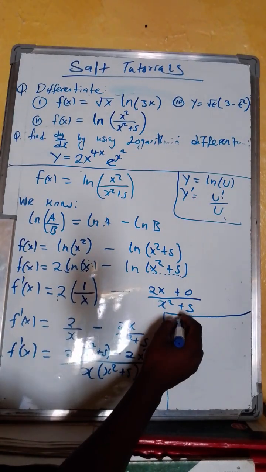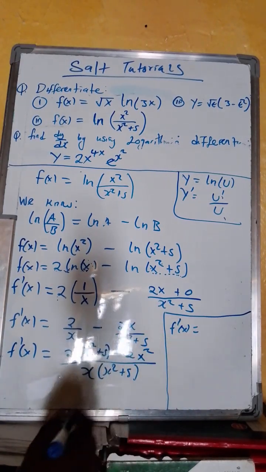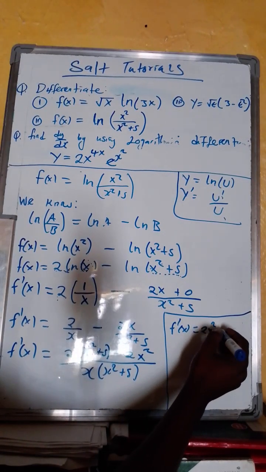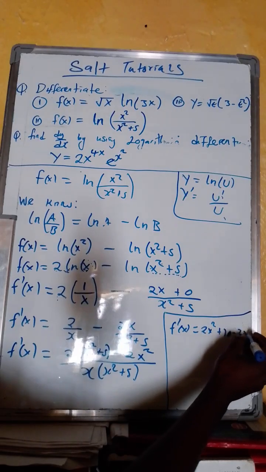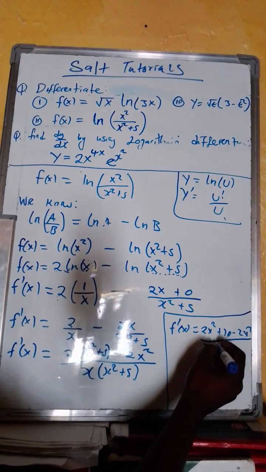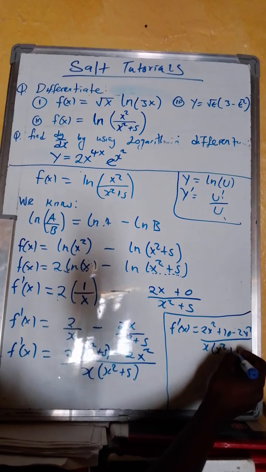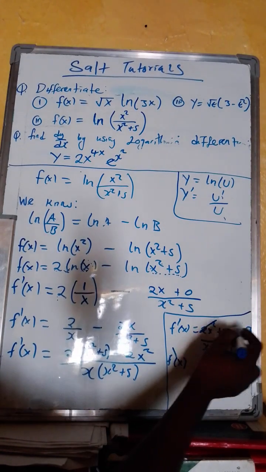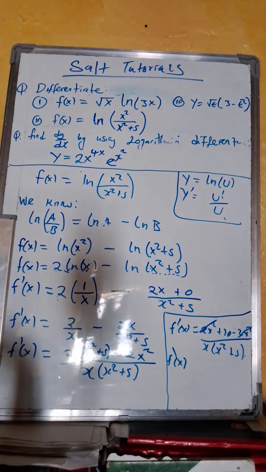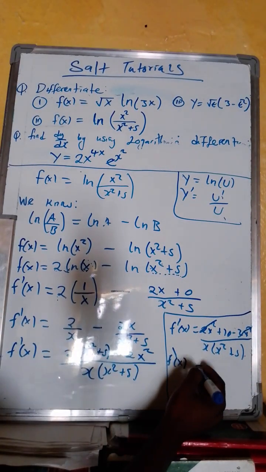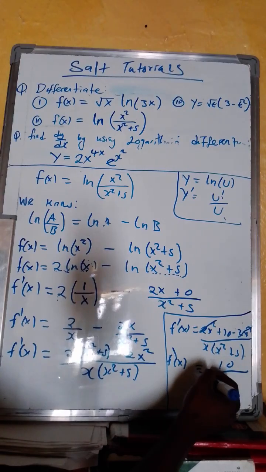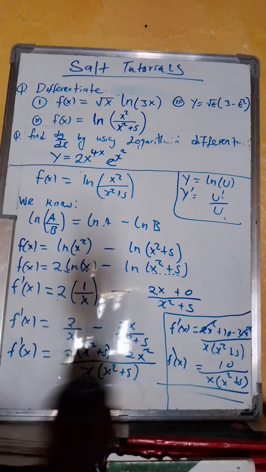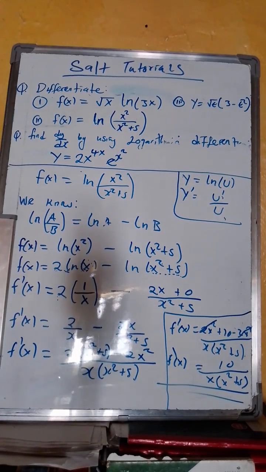I'm going to have f prime of x equal to 2x squared plus 10 minus 2x squared over x squared plus 5. So that we can have f prime of x, this and this go, they are like terms. 2x squared minus 2x squared is 0. So that we can have 10 over x squared plus 5 as the final answer. We are okay?